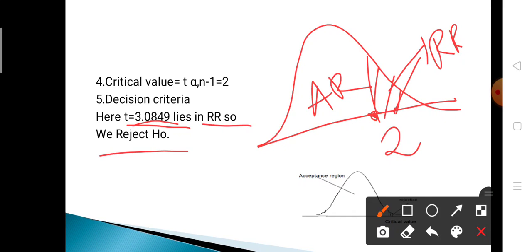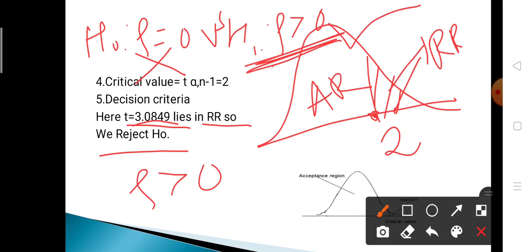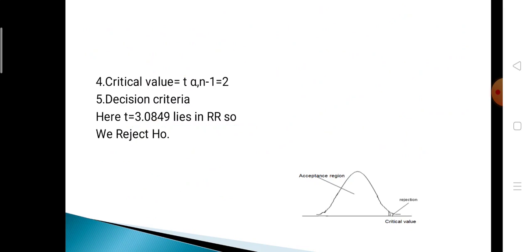So our conclusion is we reject H0, where H0 is rho is equal to 0 versus H1 rho is greater than 0. We reject H0, that means we accept H1, that means rho is greater than 0. That means a positive correlation exists between the variables. Okay, this is the correlation test.